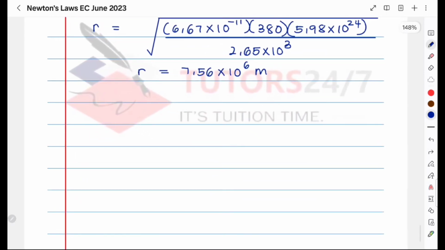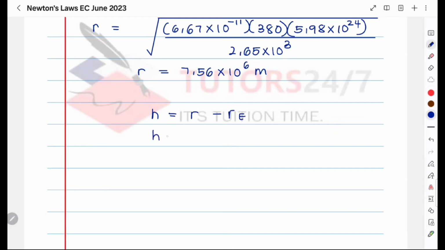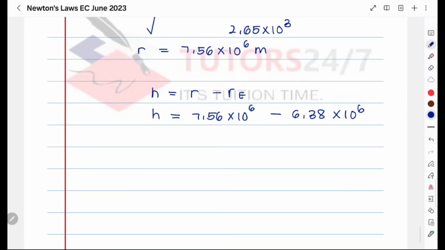So here we're going to state h is equal to r minus the radius of the Earth. We substitute 7.56 times 10 to the power 6 minus the radius of the Earth, which is 6.38 times 10 to the power 6. We put this into our calculator and we end up with 1.18 times 10 to the power 6 meters.